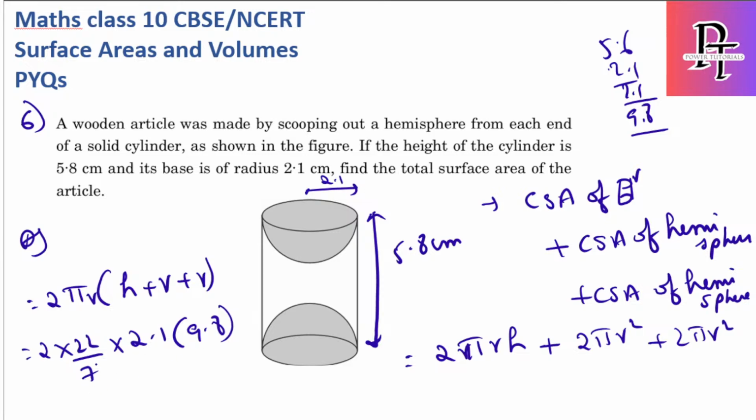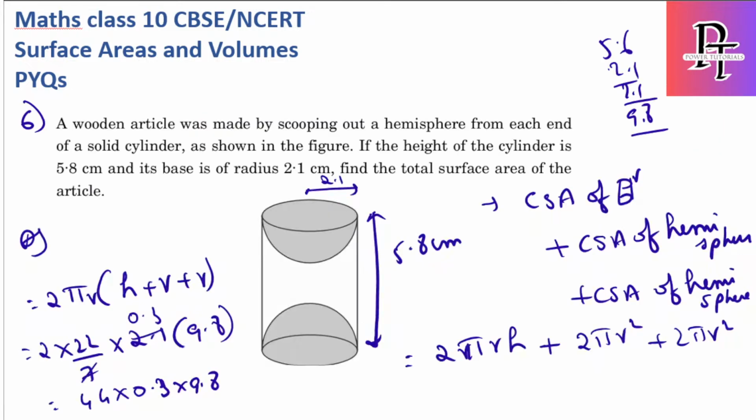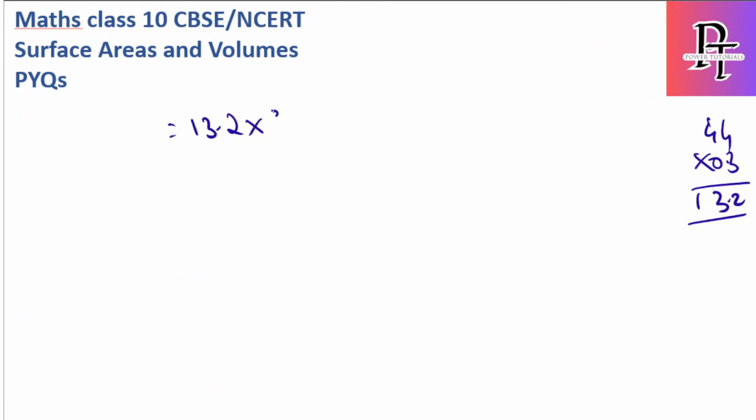So 7 ones are 7, and it becomes 22 into 4 is 44, into 0.3, into 9.8. Let's multiply all three. 44 into 0.3: 4 threes are 12, 4 threes are 12, so it becomes 13.2, into 9.8.